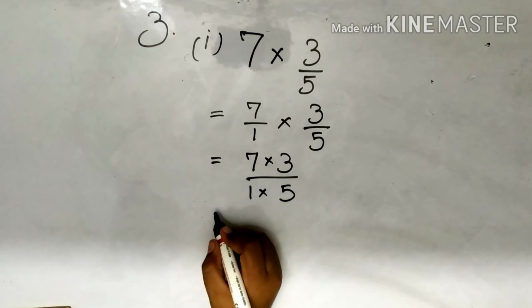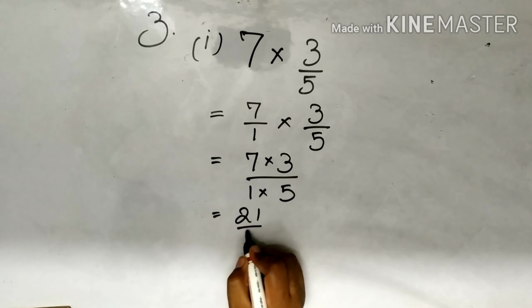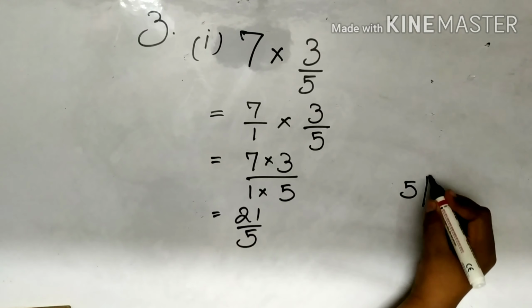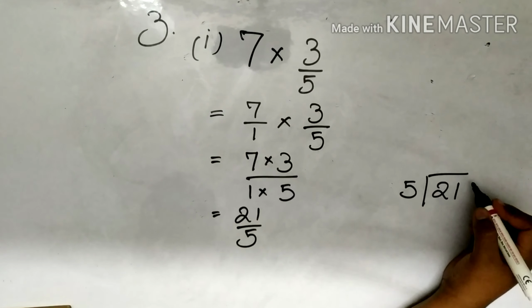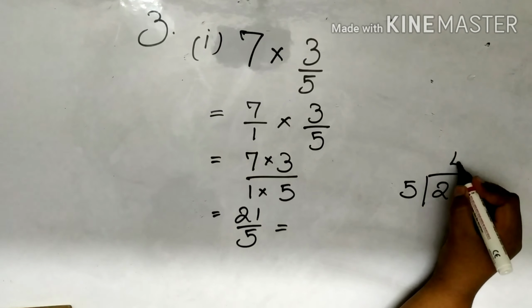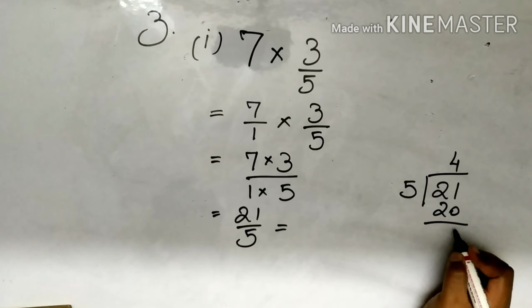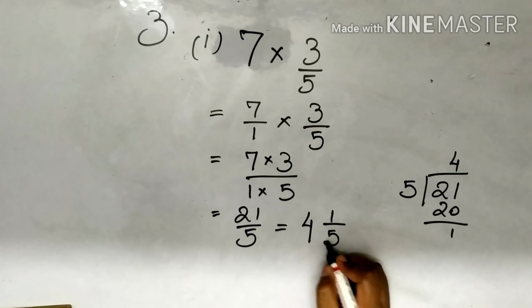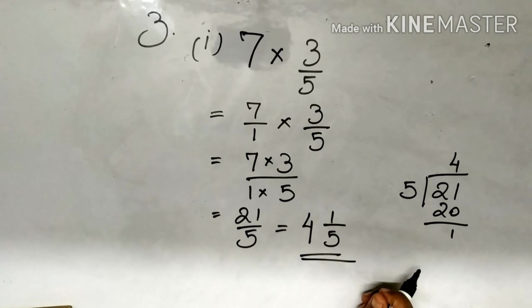It's 21 by 5. Now this is an improper fraction. Now we have to convert it into a mixed fraction. 21 by 5, so the answer will be 4, 1 by 5.